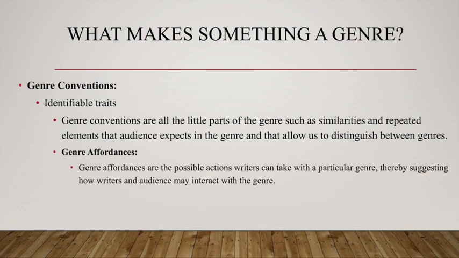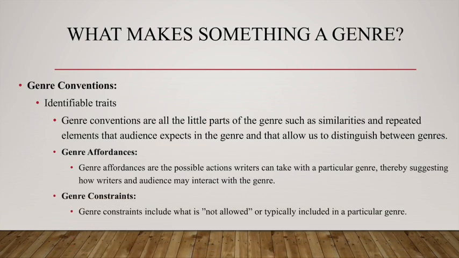And as such, each genre has different affordances. That means things that allow us to take possible actions. And then in terms of writing, understanding the affordances of a genre will allow us as writers to take certain actions using a particular genre and how we might even interact with that particular genre.